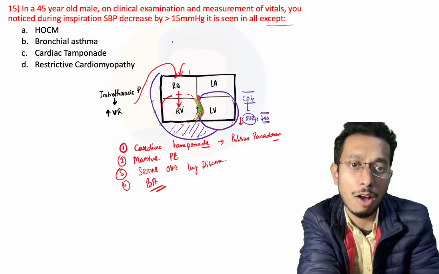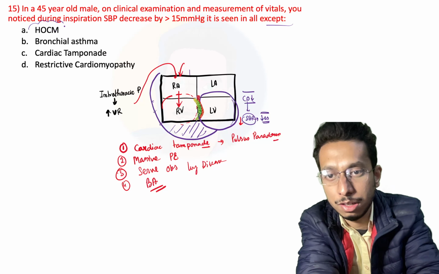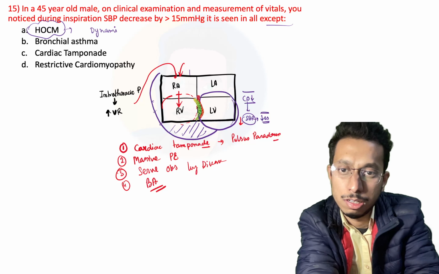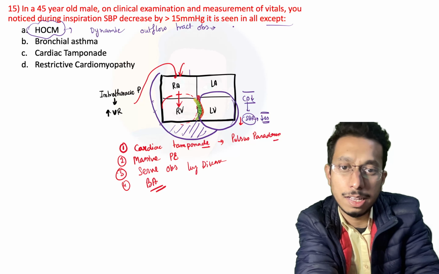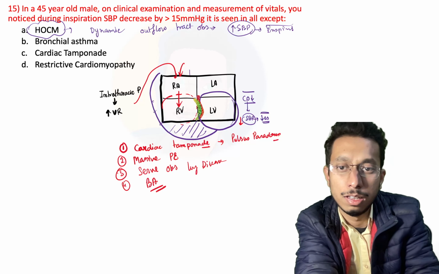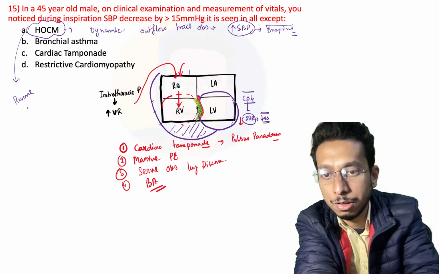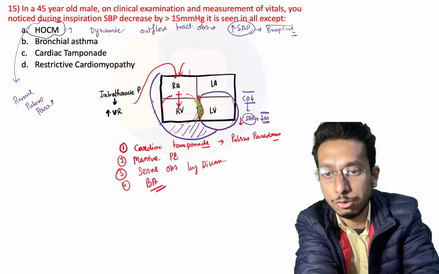Because there is dynamic outflow tract obstruction due to subaortic stenosis, resulting in increase in systolic blood pressure in case of inspiration. Therefore, it is associated with reverse pulsus paradoxus. Okay, so the answer here is HOCM.